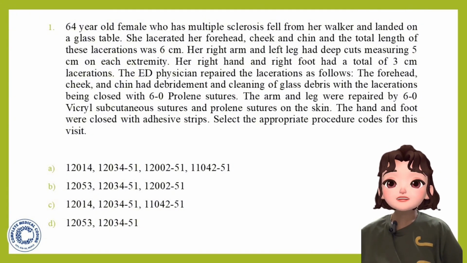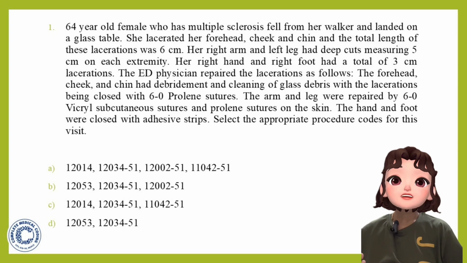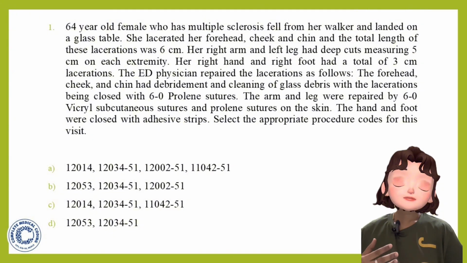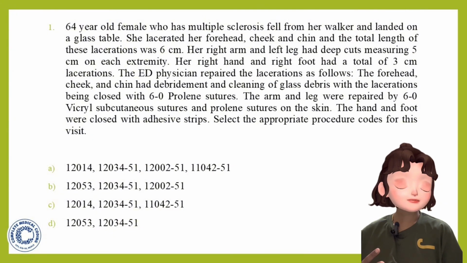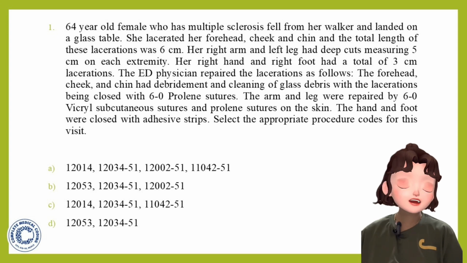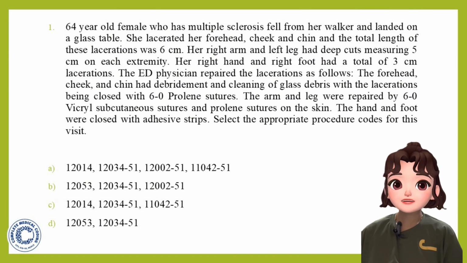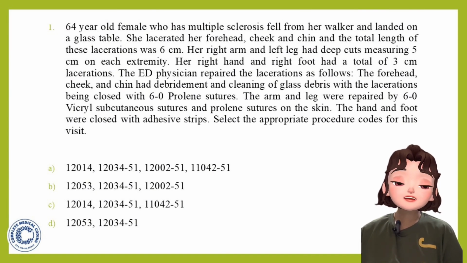Almost at the end it's mentioned that the arm and legs were repaired by 6-0 Vicryl subcutaneous sutures. Simple closure is only on the epidermis or dermis of the skin. Simple repair is also called single layer closure.